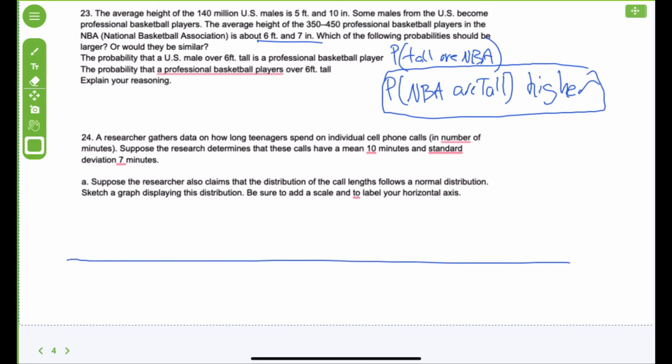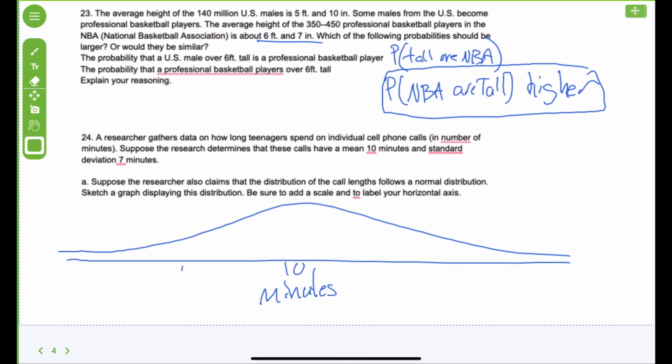Okay, so that's easy. This would be our minutes. This would be 10 as our mean. And over here, it would be about 3 minutes. Over here, about 17 minutes.